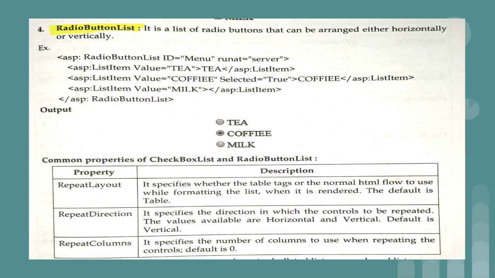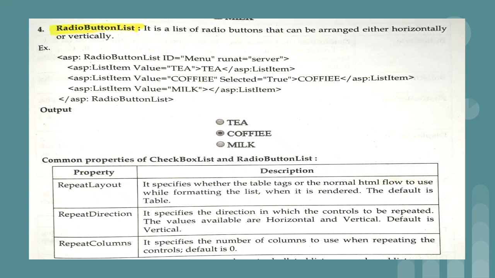Basically, it means we make use of the normal table tag of HTML, so that whatever controls we add will be placed properly on the browser window. Whenever we want to use the table layout of HTML, we make use of the RepeatLayout property.